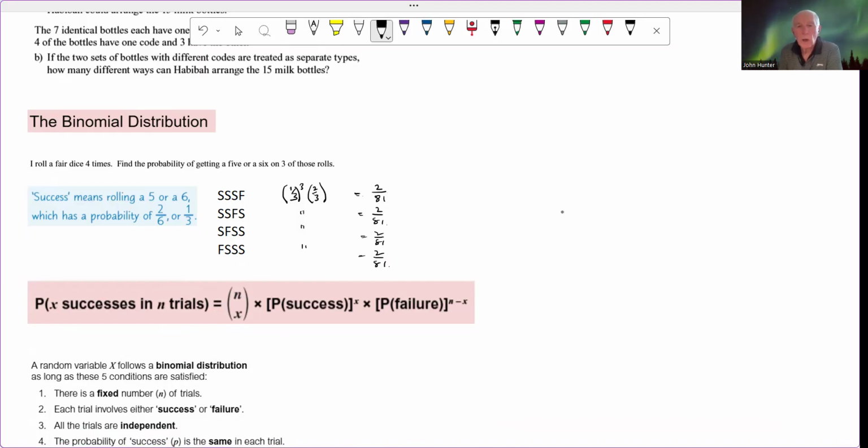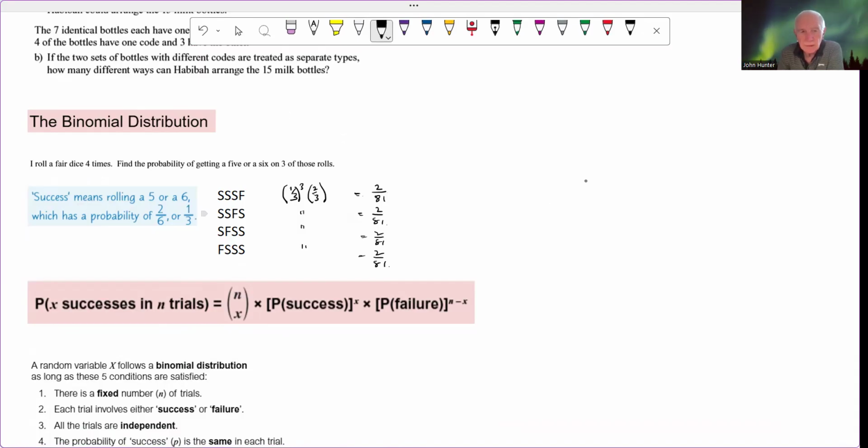Okay, so there are 4 different ways of getting the 5 or 6 on 3 of the rolls. What we've got is 2 different outcomes.